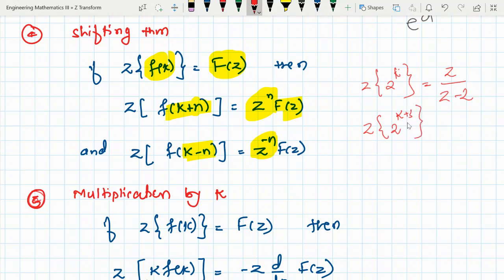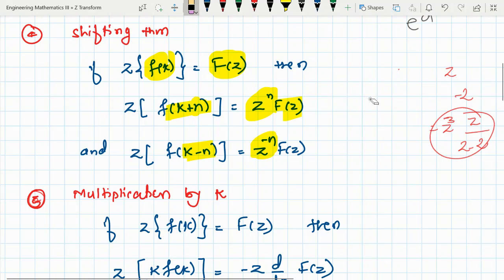Now n is nothing but 3, and fk is 2 raised to k plus 3. Therefore, my Z transform is z raised to 3 into z upon z minus 2. In this way we can easily find the Z transform of that.